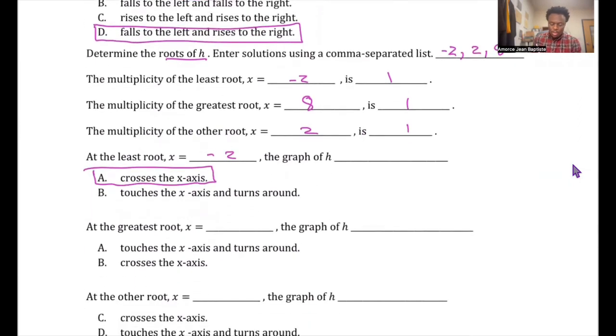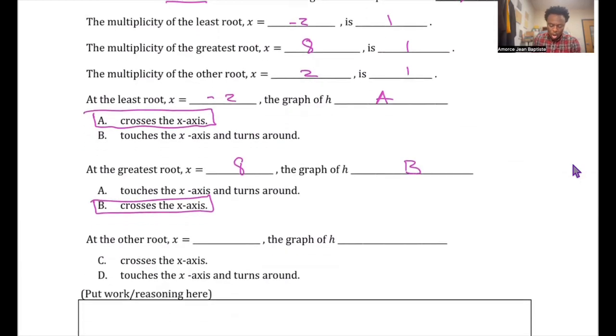At the greatest root, 8, multiplicity 1, it also crosses the x-axis. And at the other root, positive 2, multiplicity 1, we expect it to also cross the x-axis.